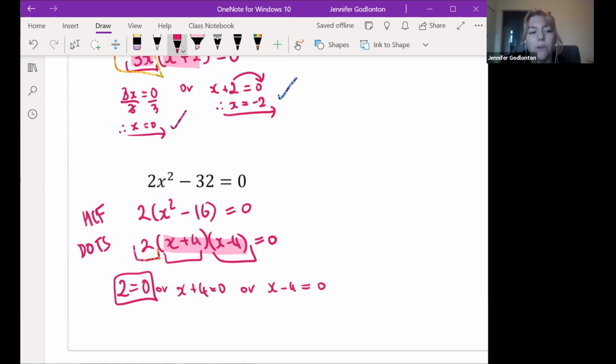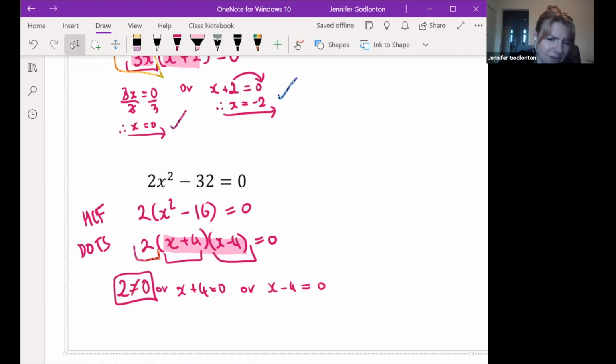Is it possible for 2 to equal 0? I'm not trying to trick you here, guys. I promise. No, it's not possible for 2 to equal 0. It's like 1 can't equal 2. 4 can't equal 7. They're not equal to each other.